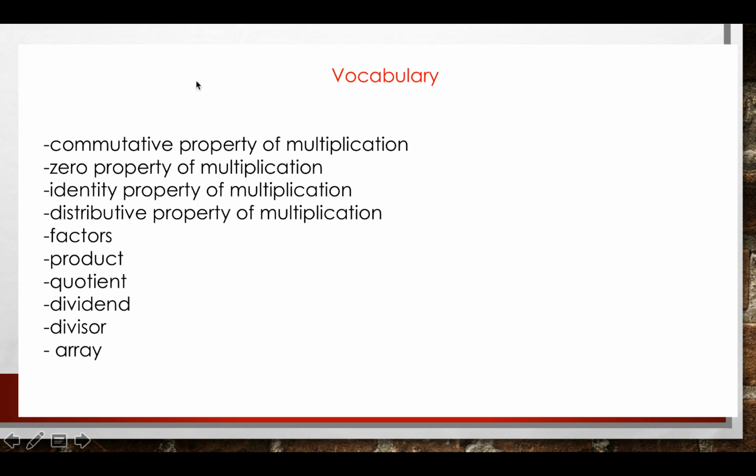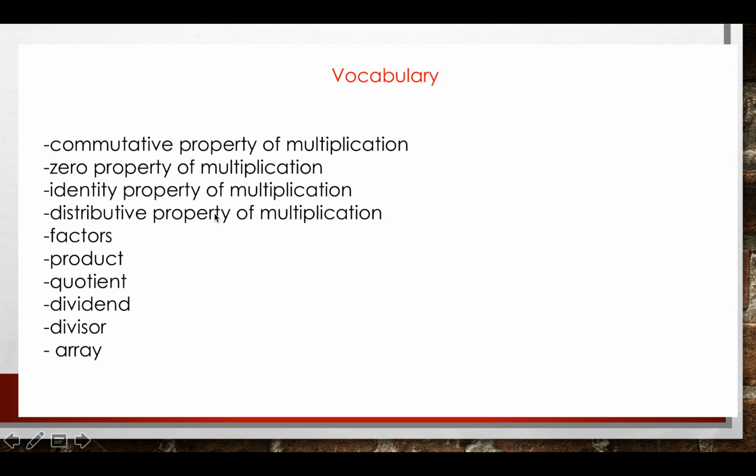Zero property of multiplication is when we're multiplying one factor by 0, and we know that the answer will be 0. The identity property of multiplication is when we're multiplying a factor by the number 1, and that means that it's not going to change. So if we're multiplying 6 times 1, the 6 is going to remain a 6. It's not going to change.